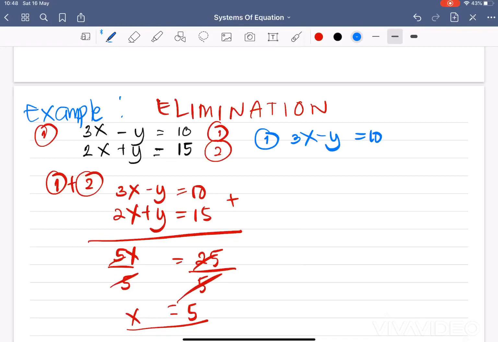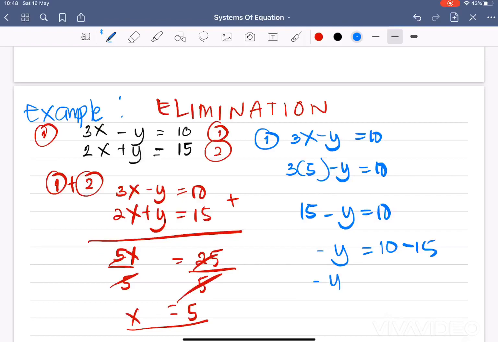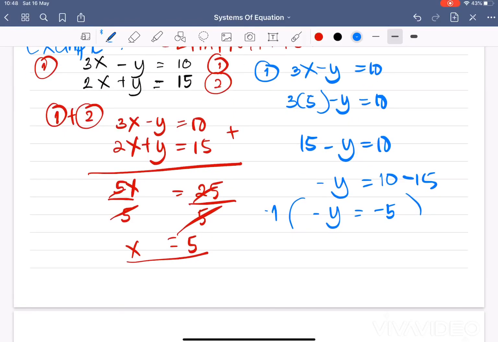Replace x with 5: 3 times 5 minus y equals 10, so 15 minus y equals 10. Transposing 15 to the other side, we have 10 minus 15, so negative y equals -5. Multiplying by -1, y is equal to 5.